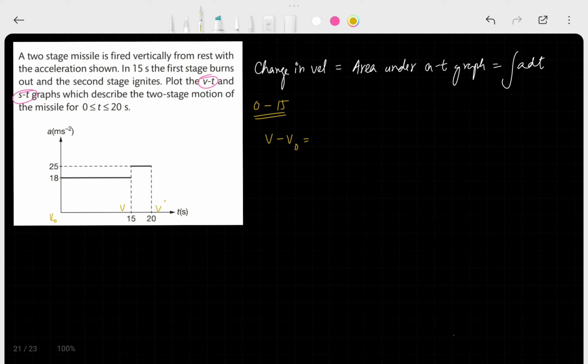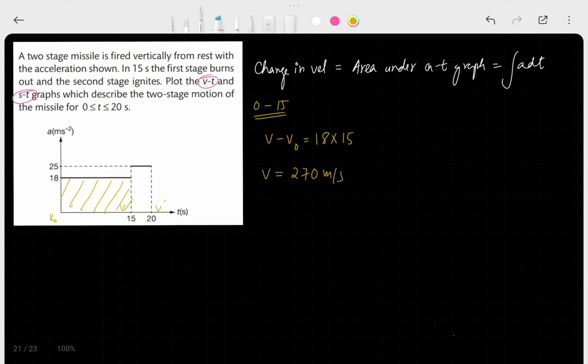What is the area of this rectangle from 0 to 15 seconds? The area of this rectangle is 18 into 15. Since v0, the initial velocity, is 0, v can be written as 18 into 15, which is 270 meter per second.